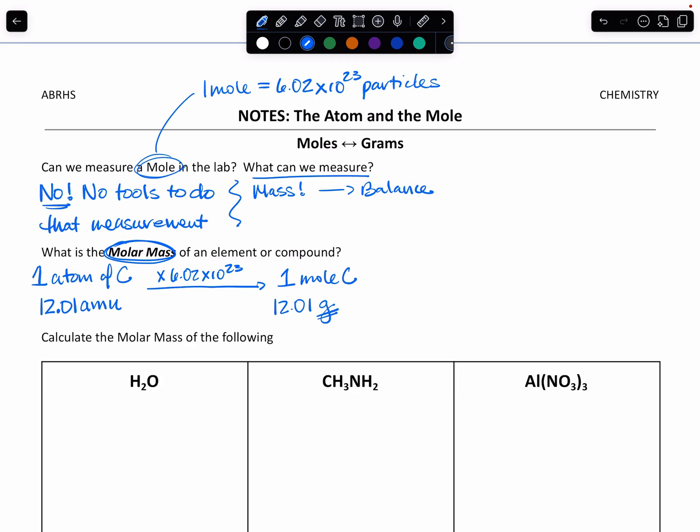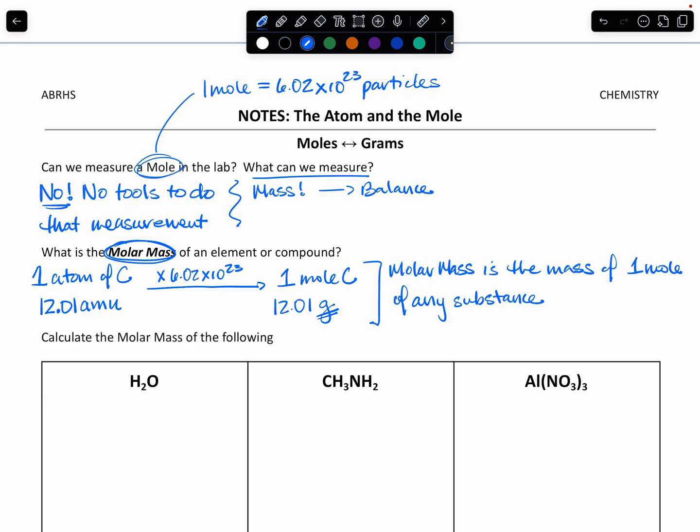Now the gram is something that I can measure in the lab using a balance. So the molar mass is the mass of 1 mole of any substance.